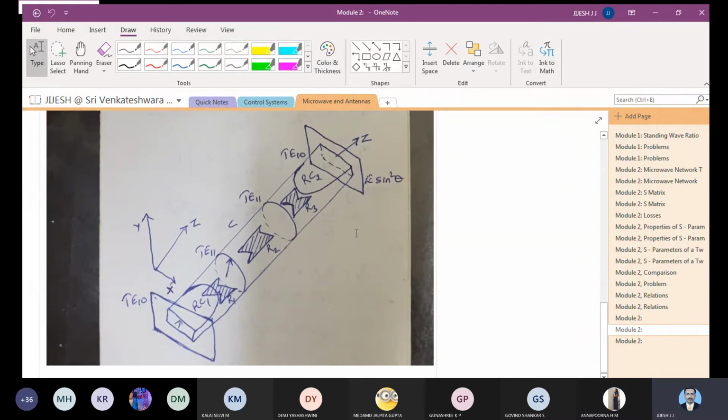Okay. Very briefly, I'll tell you 5 points which you have to understand. Here there is a combination of circular waveguide and rectangular waveguide. The first one is rectangular waveguide, followed by circular, then rectangular. You have different modes of operation, that is TE10 mode and TE11 mode.